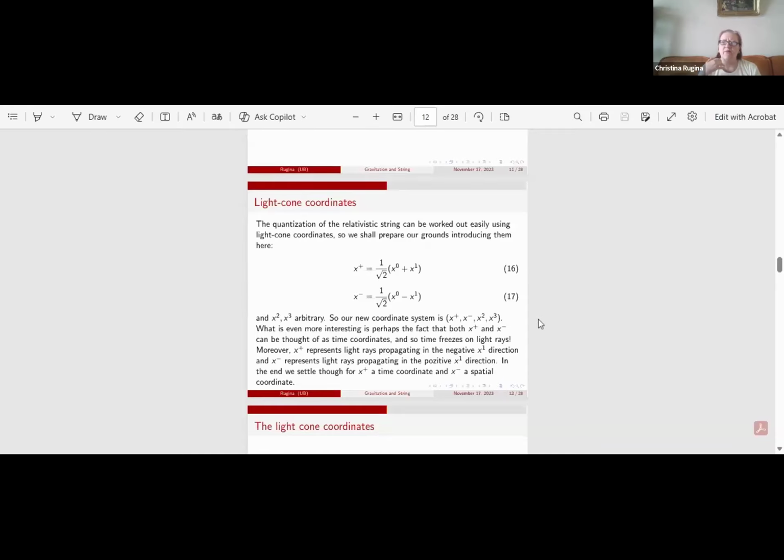That makes a total of 26. That's light cone coordinates for a 26-dimensional space-time. Very good.